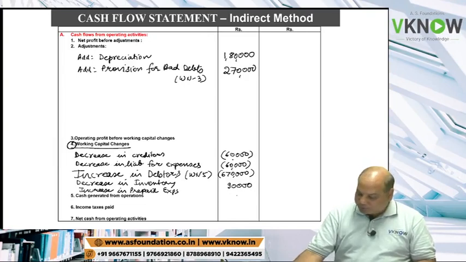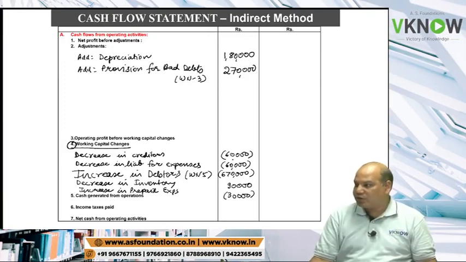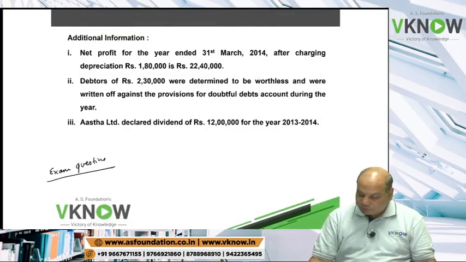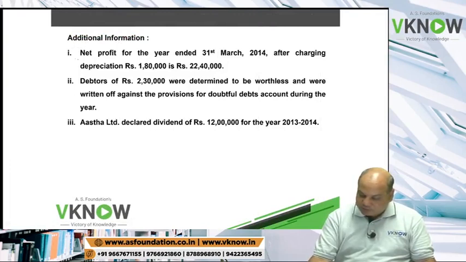Increase in prepaid expense by 30,000 rupees is a decrease in cash flow. Balance sheet items are over. Any query on balance sheet items? No query.